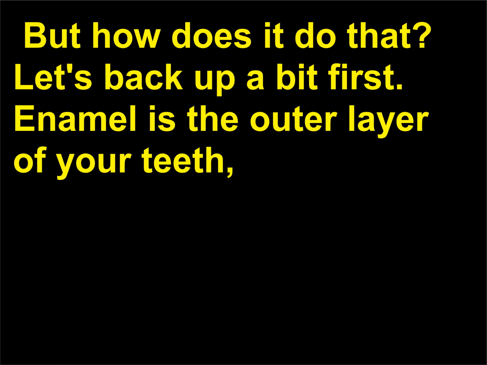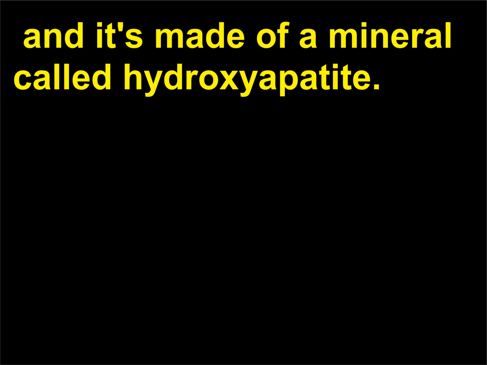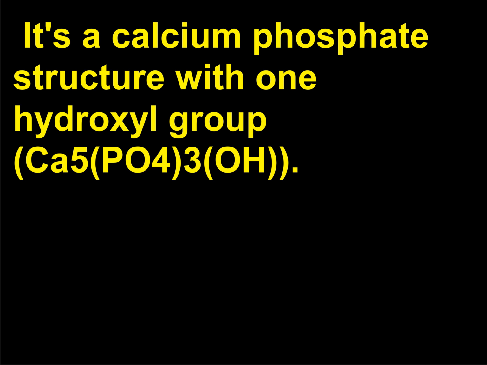But how does it do that? Let's back up a bit first. Enamel is the outer layer of your teeth, and it's made of a mineral called hydroxyapatite. It's a calcium phosphate structure with one hydroxyl group, Ca5(PO4)3OH.